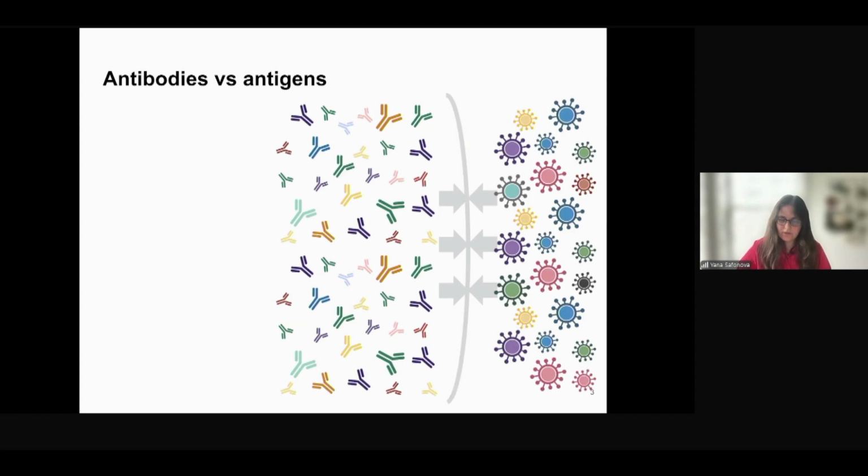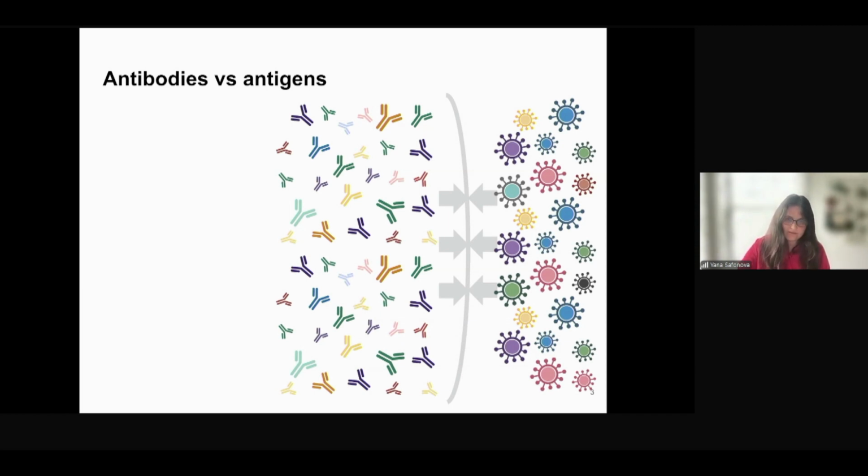And overall, we talk about this diversity as a way to fight an extremely diverse set of antigens. They are rapidly evolving, they are constantly changing, new types of pathogens emerge, so we need something as diverse.